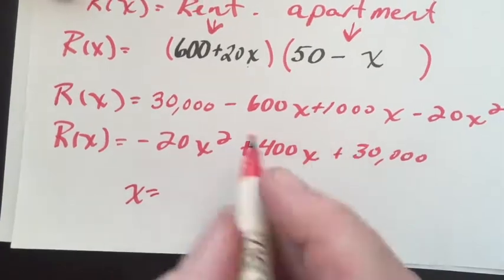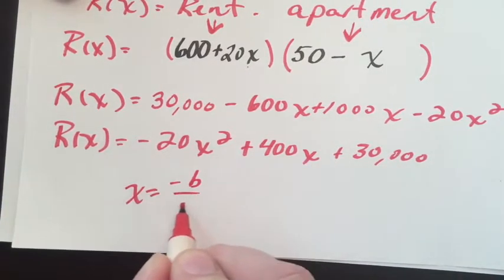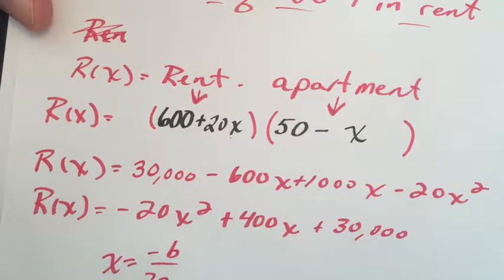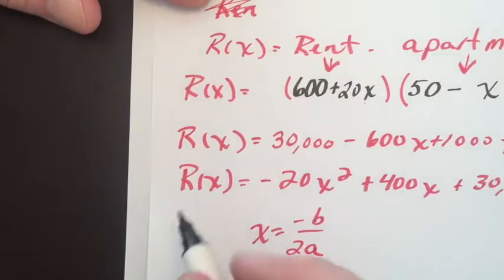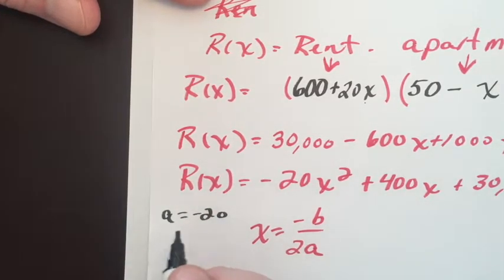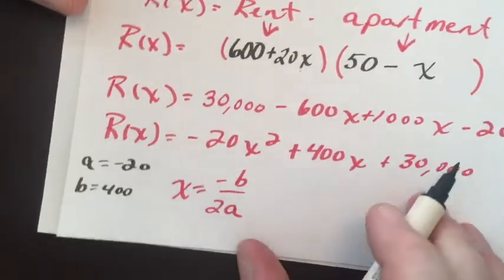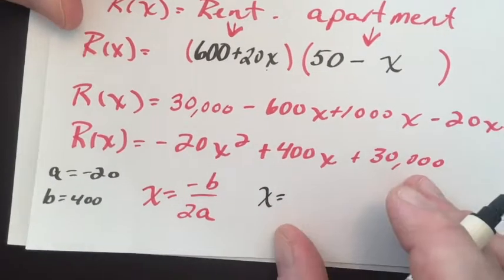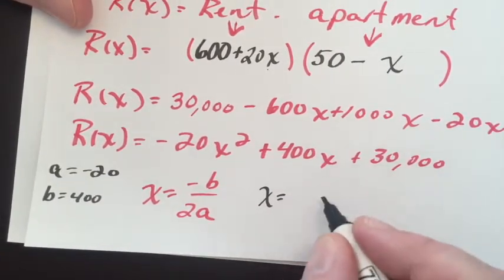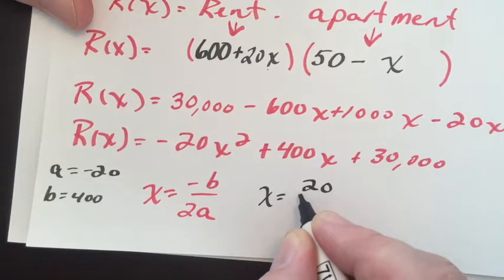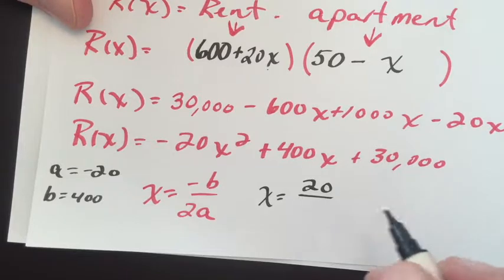X is equal to negative b over 2a. And it doesn't hurt to write off to the side: a is negative 20, b is 400, and of course our c is our 30,000. But for our problem here, x is equal to negative b, or a negative 20 is just a 20, over 2a.